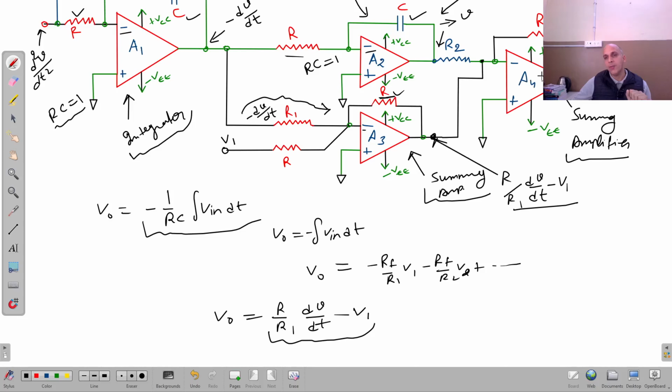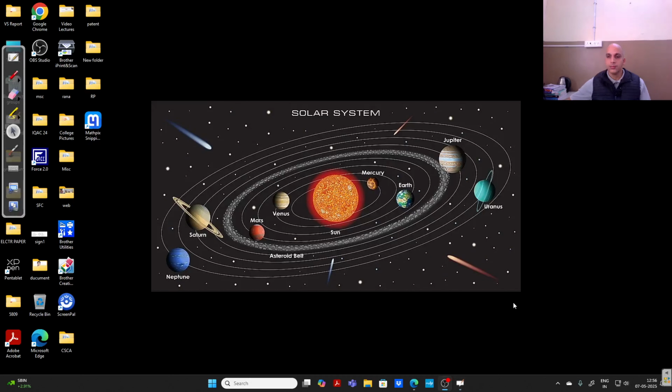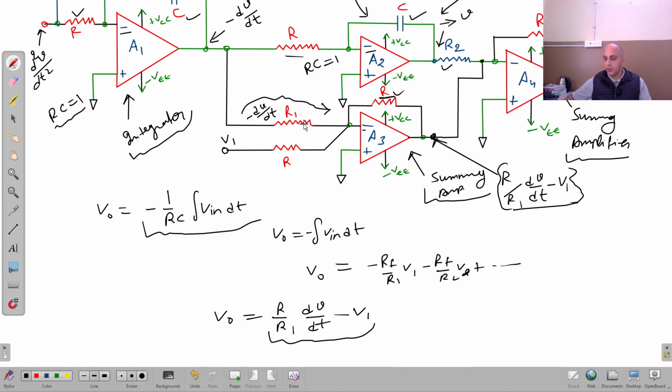Now again, this operational amplifier is acting as a summing amplifier. It has two inputs. One is coming from here and it is v, and the second is coming from here and it is this one, right? So now, what will be the output of this summing amplifier?